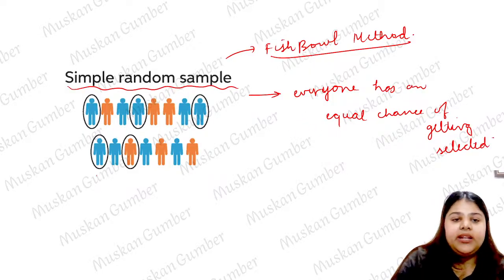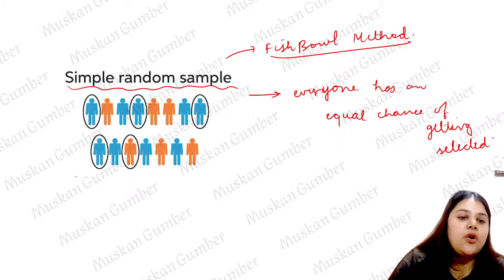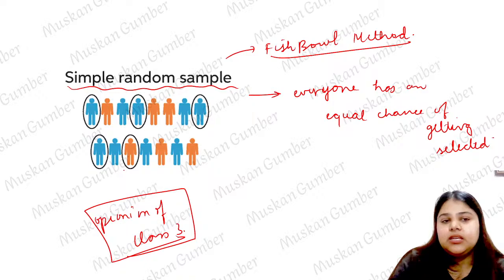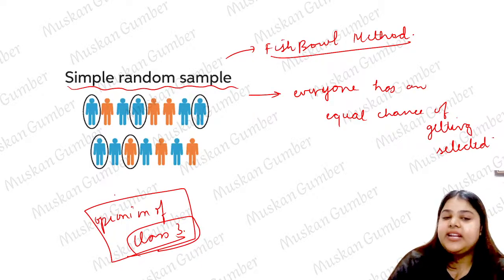For example, if I want to see the opinion of class 3 students on rhymes or maybe their teacher, etc., everybody in class 3 has an equal chance of getting selected.